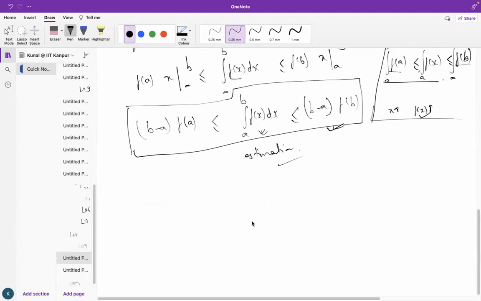So let me show you this by graph. Let us suppose this is our x-axis, this is our y-axis, and this is our graph, this is our f of x. Let us suppose this is our point A, and this is our point B, right?